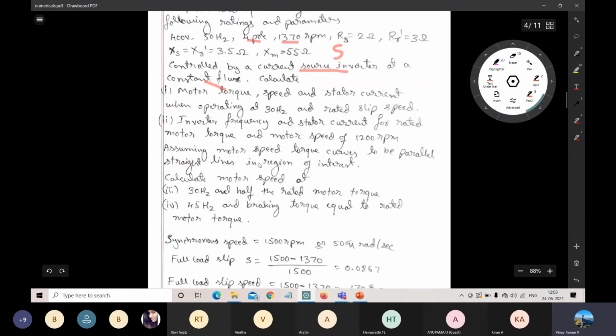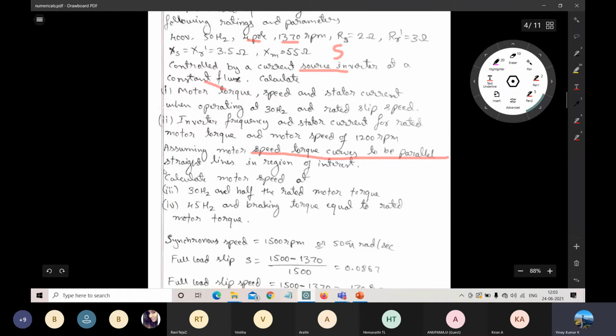So these are lengthy discussions. For 30 Hertz rated slip speed with curve-like structures, the speed torque characteristics would be curve-like. Here the data is given for the motor speed torque to be parallel straight lines.